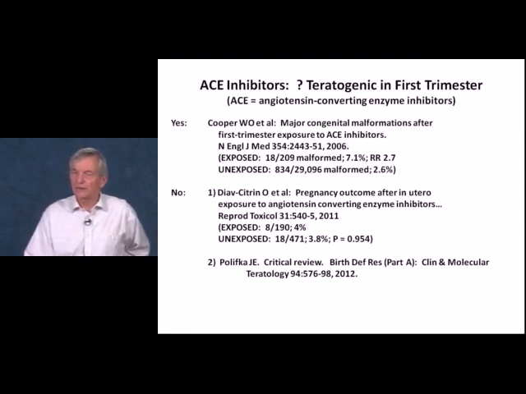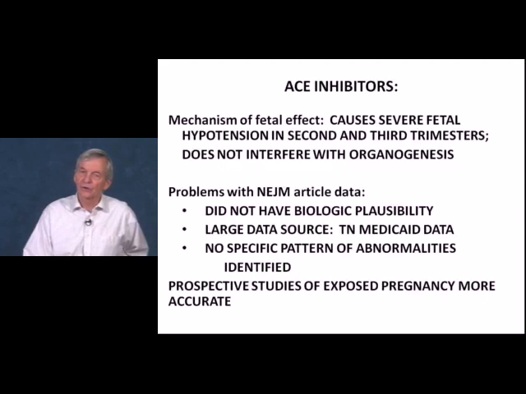So if you remember that list of principles of characteristics of something that's an exposure, it should make sense biologically. So if you look here, the thinking had been it's a second and third trimester effect. How come this paper comes out in the New England Journal saying, nope, first trimester is teratogenic?